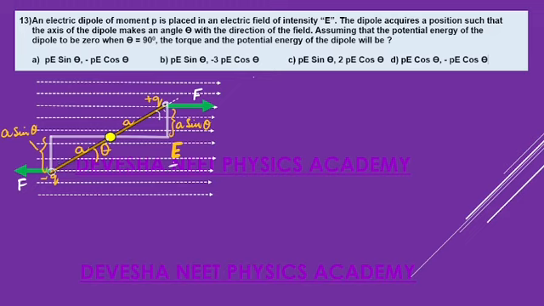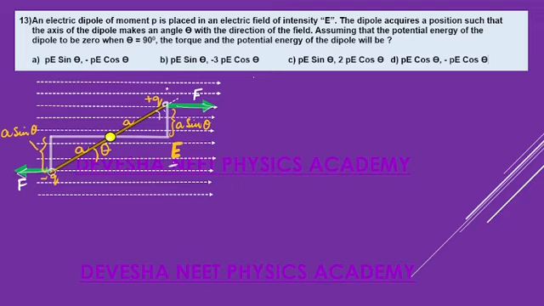Imagine this is the center of the dipole marked in yellow color, so this is a, this is a, and when it is placed in the electric field, on the positive charge plus q the force will be in this direction, and on the negative charge it will be in the opposite direction.